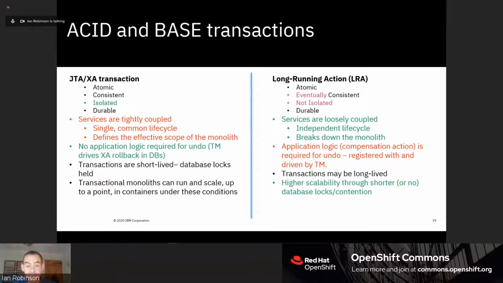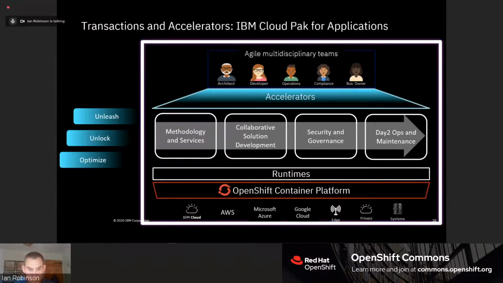But on the plus side, services are loosely coupled, they have an independent life cycle, and the monolith becomes simpler to break down. Application logic obviously has to be involved in the outcome, but because you're not holding database locks, for example, over the entire duration of the transaction, you get higher scalability through less database contention.